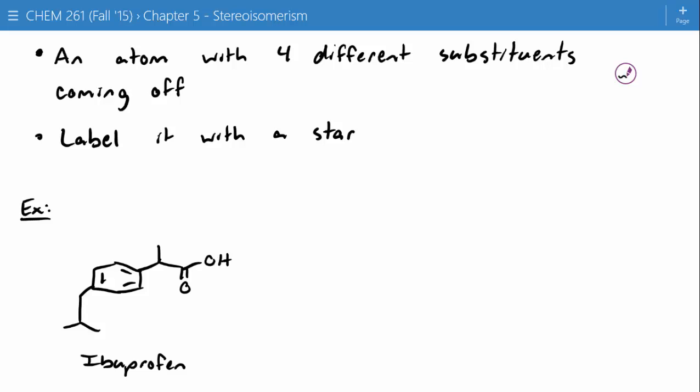Which atom has 4 completely different substituents coming off of it? Check with the neighbor and see if you guys agree. I'm going to clean up the structure really quick. There we go.